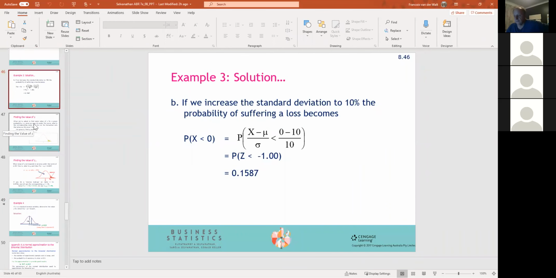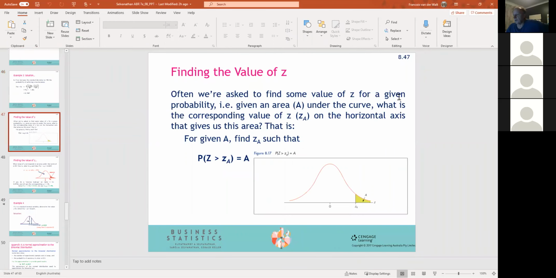Often we ask to find some value of Z for a given probability. So the question is, what is Z if I give you this probability? Can you see how that's the inverse of what we've done now? If I say to you the probability is 0.2, what is the value of Z?